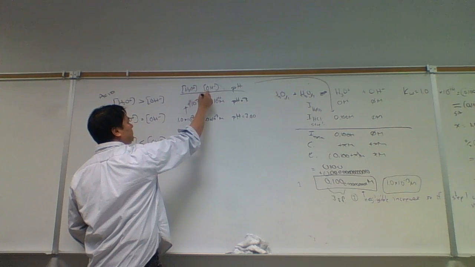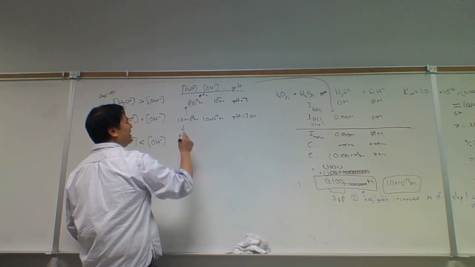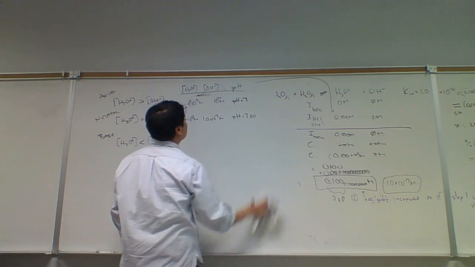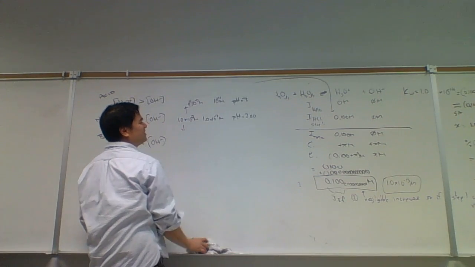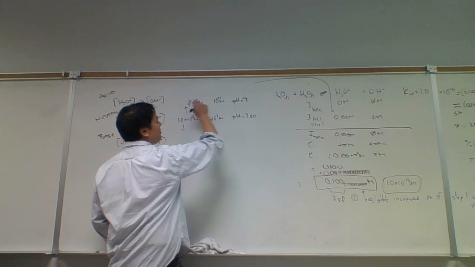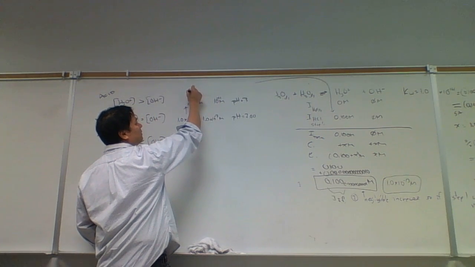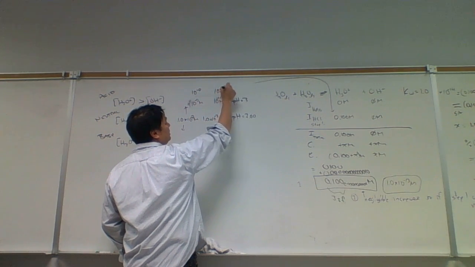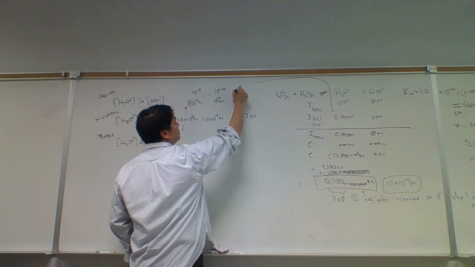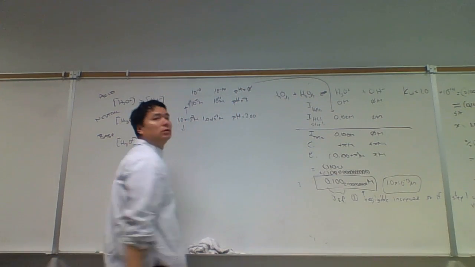Etc. We can go the opposite way. We could have a pH of 0, right? So if we have a pH of 0, this is 10 to the minus 0. This means the hydroxide must be 10 to the minus 14, and the pH is equal to 0.